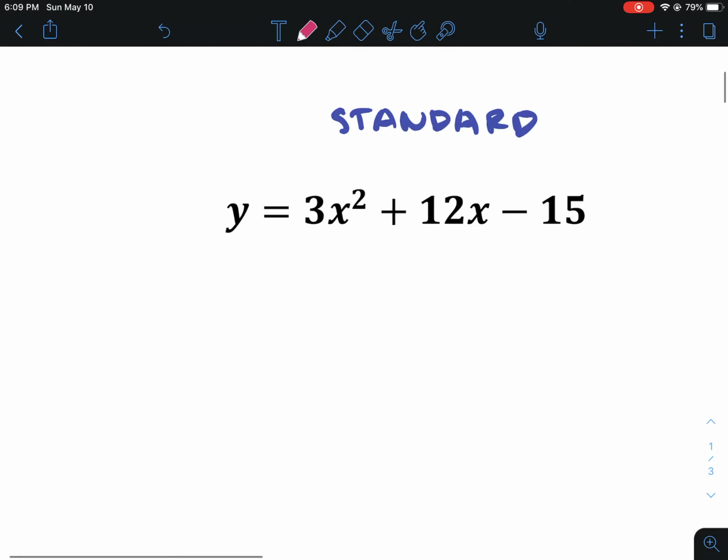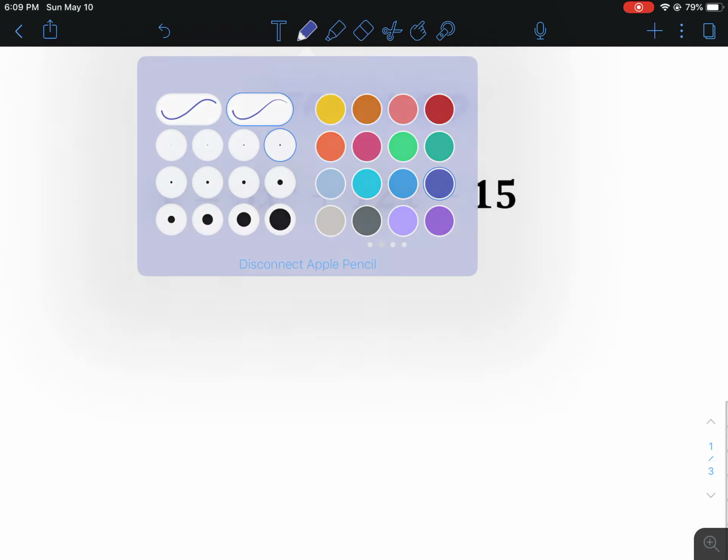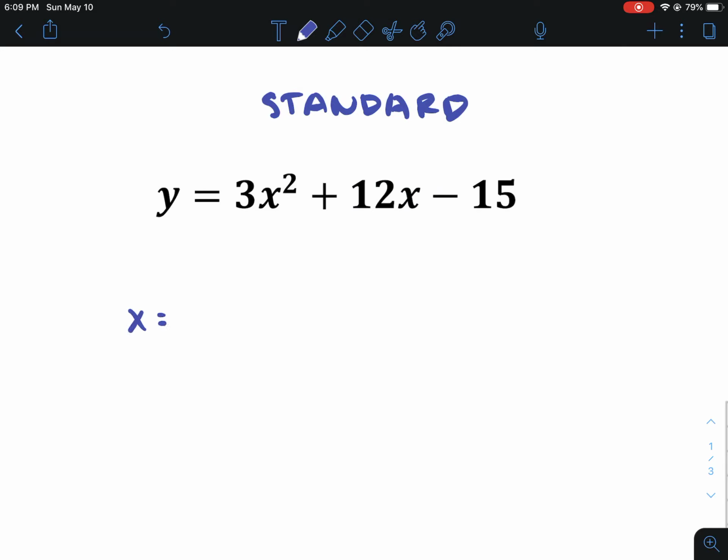I'm going to use negative b over 2a to find my axis of symmetry. In this case, it's negative 12 over 6, which is negative 2. So at x equals negative 2, we have our axis of symmetry.